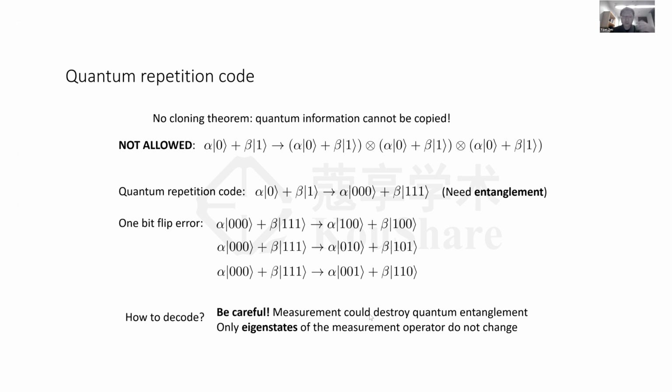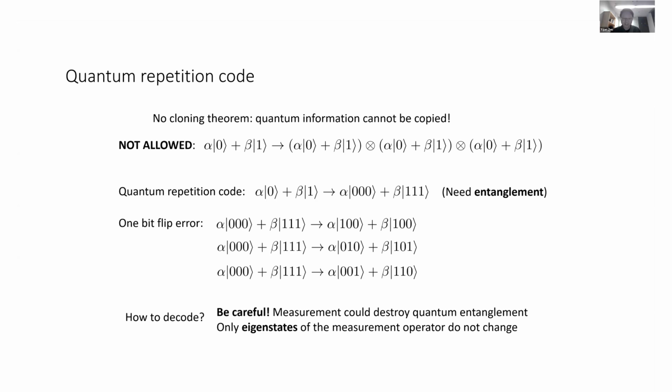Yeah. So now you have three possibilities of having one bit flip. But then how do you want to decode? You still want to use the majority vote decoder, right? So you want to count whether there are more zeros than ones or more ones than zeros. But you should be careful here that measurement can destroy quantum entanglement. If you just measure sigma z of the first qubit, you will basically destroy the entanglement, because you already measured whether Schrödinger's cat is dead or alive.